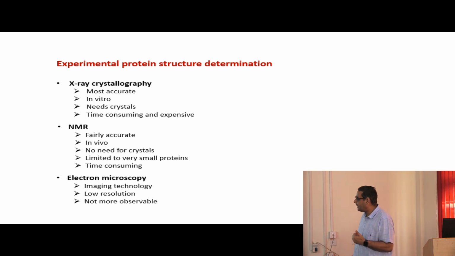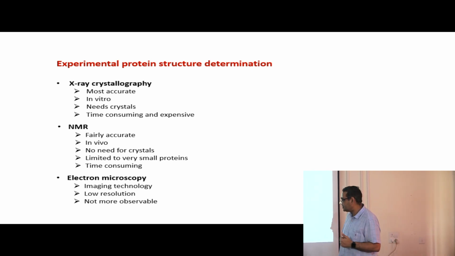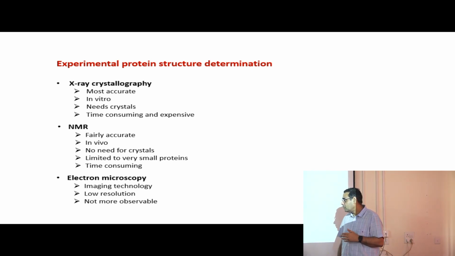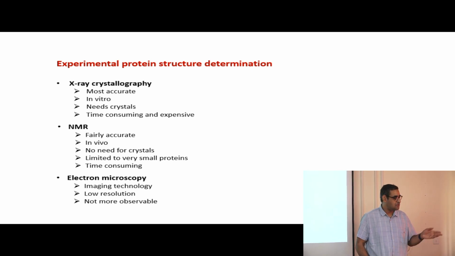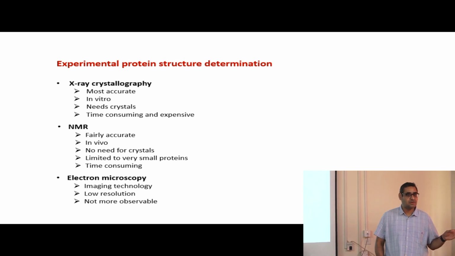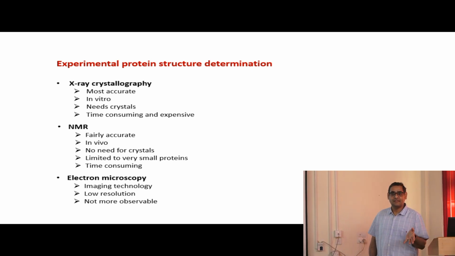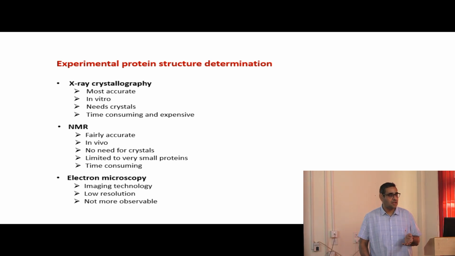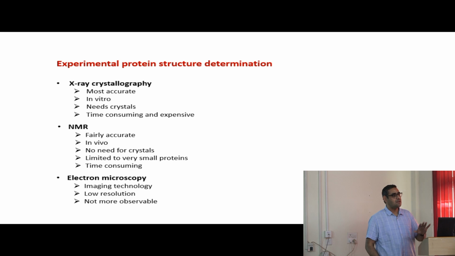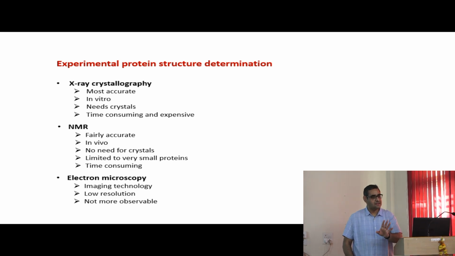Electron microscopy is an imaging technology, whether you are looking at protein-drug interaction, protein modeling or protein crystallization. I will show you some electron microscopy images also. You can get only the images, make legends and understand from that.